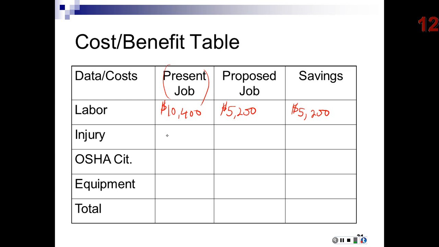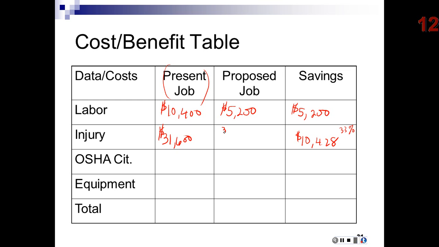Your injury cost, present job, based on the back injury we had, is $31,600. We said the change would have reduced the injury potential by 33%, so we're saving that, which we calculated at $10,428. Which means we still have 67% injury potential.